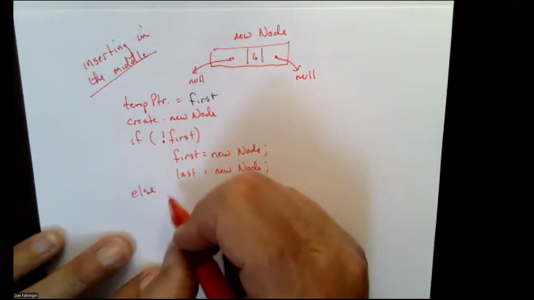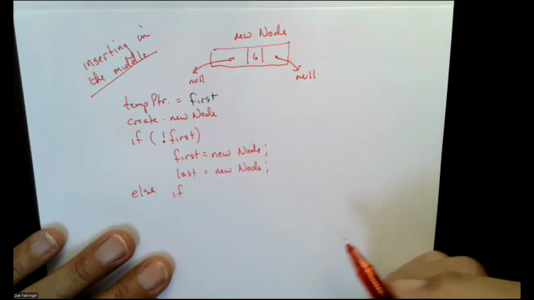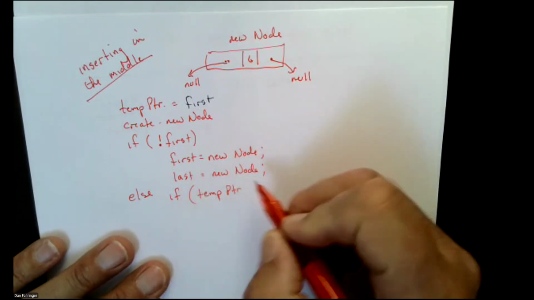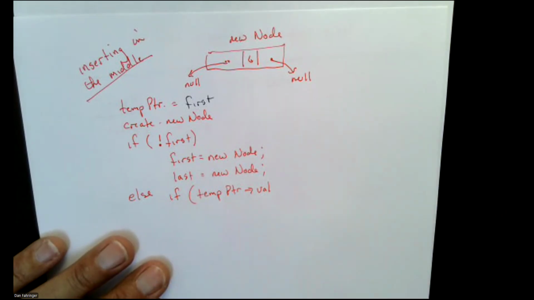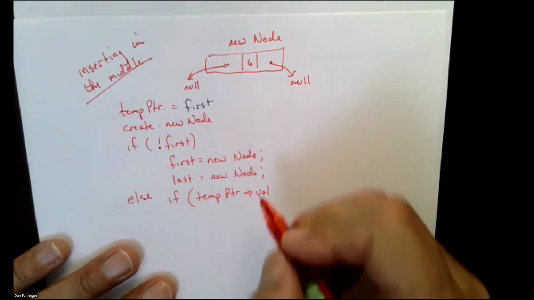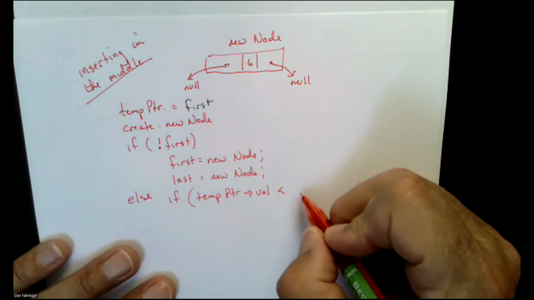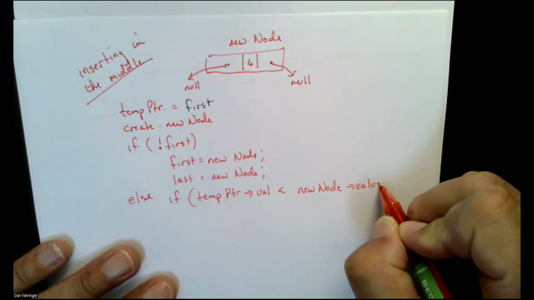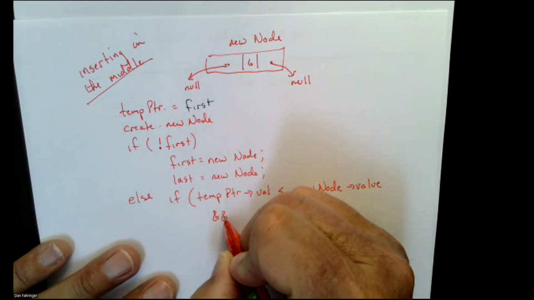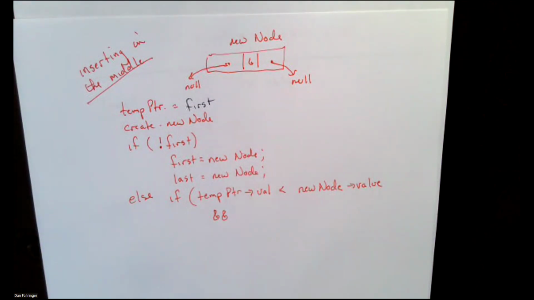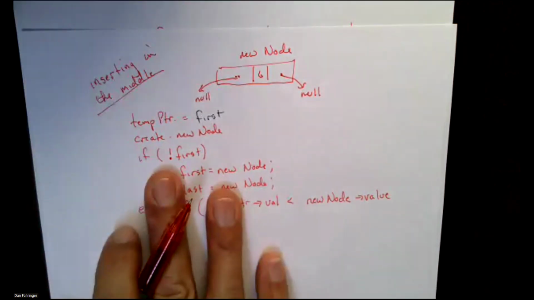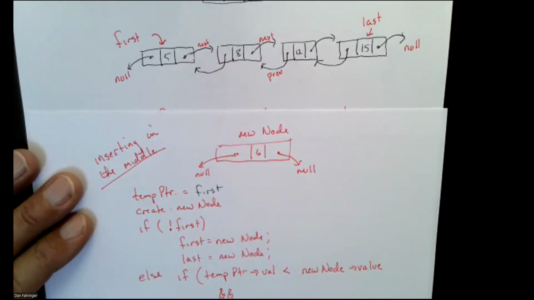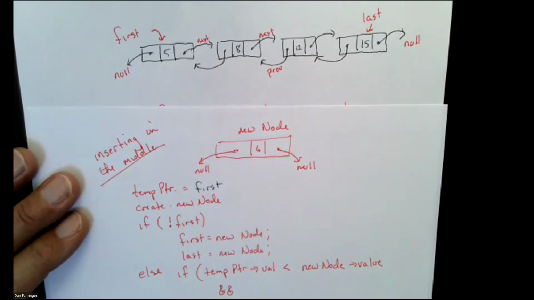We're going to say else if temp pointer's value is less than new node's value, and so when I want to put the 6 in, it's got to be greater than 5 and less than 8. Got to be greater than 5, less than 8.